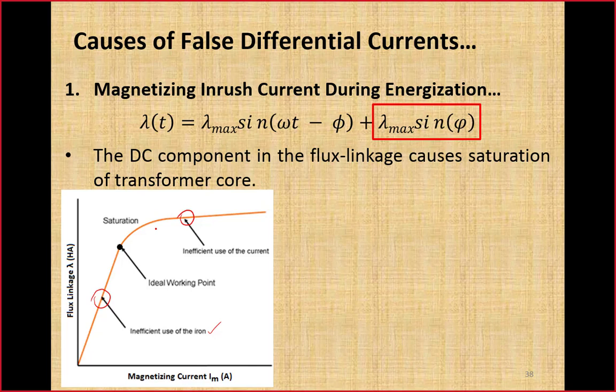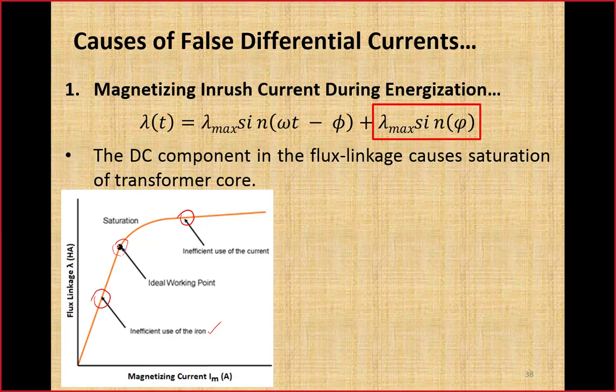So the ideal position or the most appropriate position for the design of a power transformer is this knee point, where we have the linear characteristics of the material as well as the ideal working point, and maximum utilization of the core material. This is the method that we use to design the power transformers.